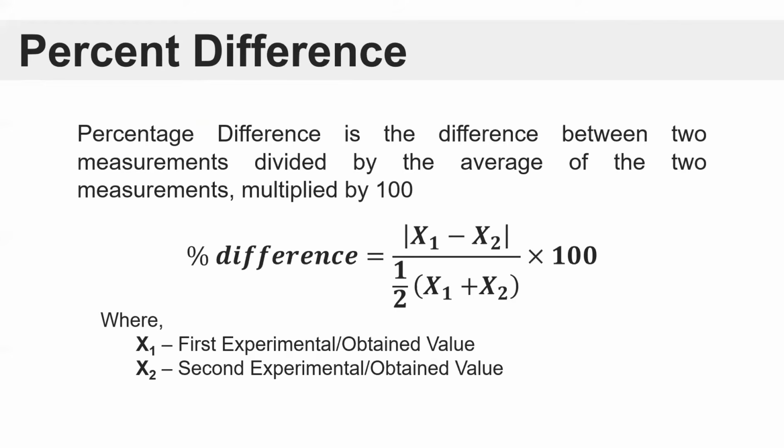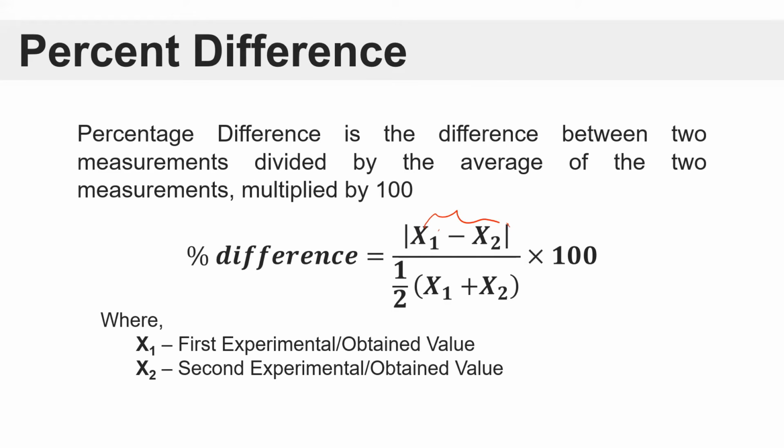Percent difference, or percentage difference, is the difference between two measurements divided by the average of the two measurements, multiplied by 100. Here we have x sub 1 and x sub 2, wherein x sub 1 is the first experimental value and x sub 2 is the second experimental value. To get the percent difference, we get the absolute value of the difference between the two experimental values divided by their average, times 100.